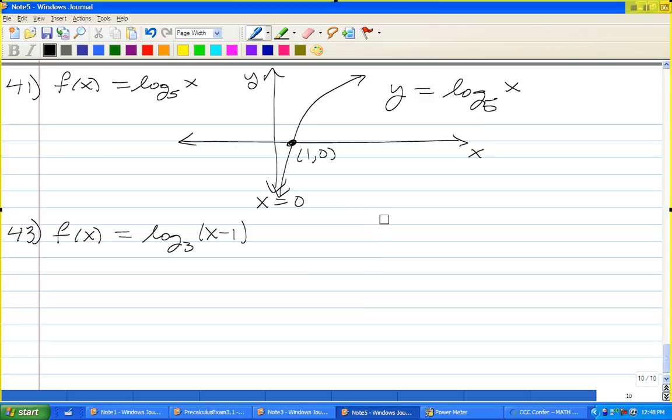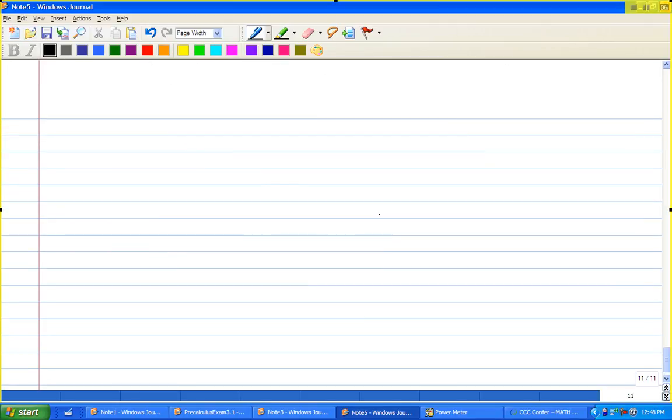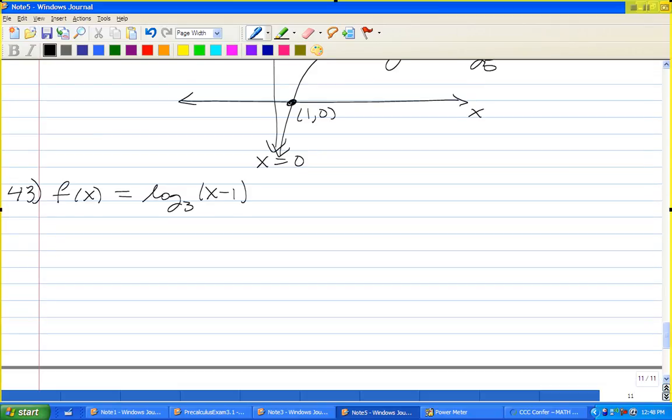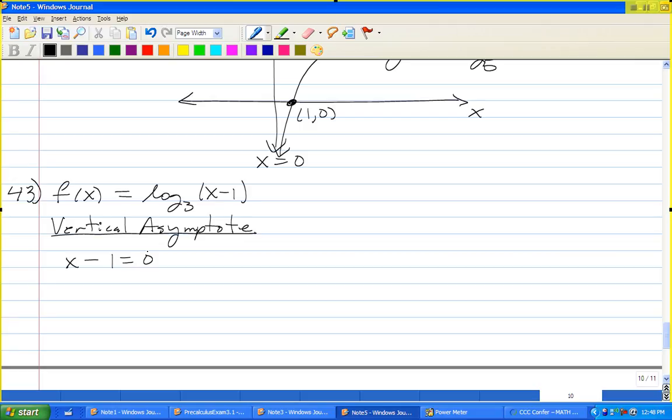The vertical asymptote will be found by setting what's inside the logarithm to 0. So x equaling 1 is the vertical asymptote.